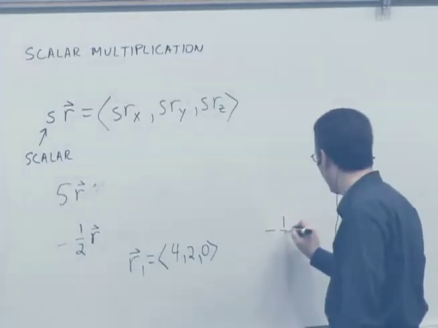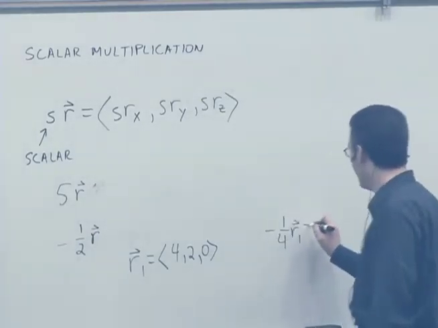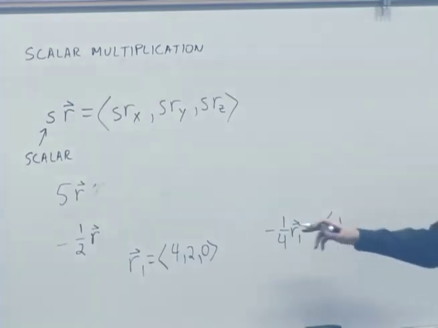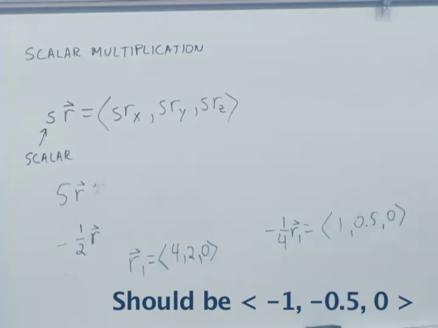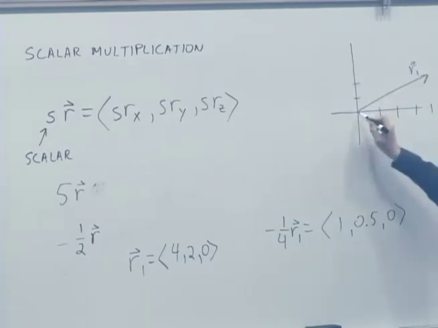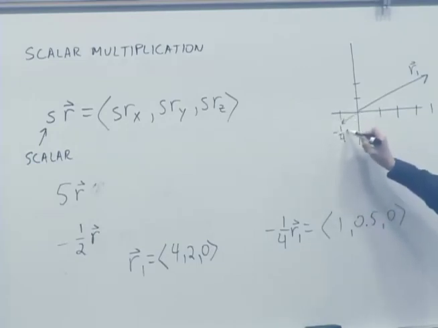So negative 1/4 r1 is negative 1, negative 1/2, 0. Okay, and you could plot that just to verify. So if this is 1, 2, 3, 4, 1, 2, that's r1. Then this is 1 unit and 1/2 a unit, so something like that. That's negative 1/4 r1.